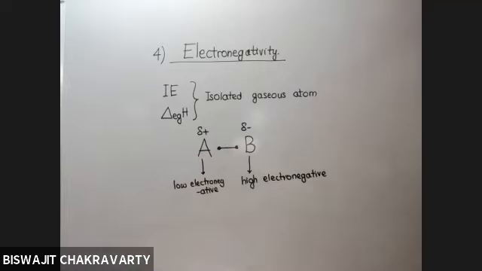But if both atoms would have been exactly same, or even if they are different, they have same power of attracting the electron, then such kind of charges would not have been developed.